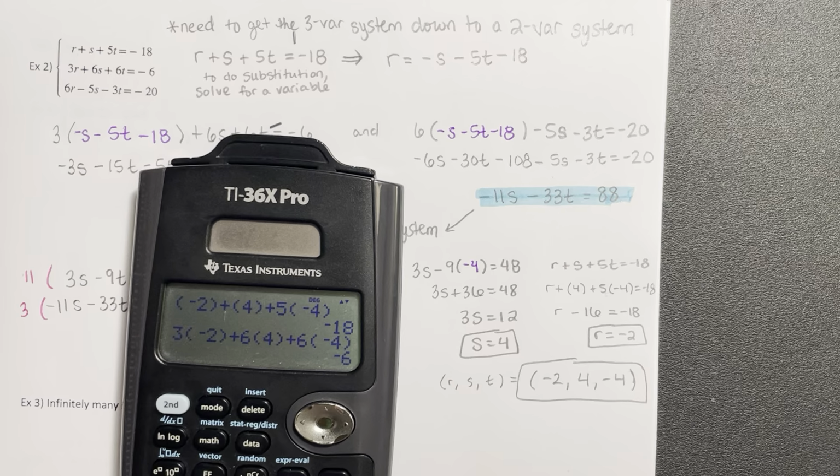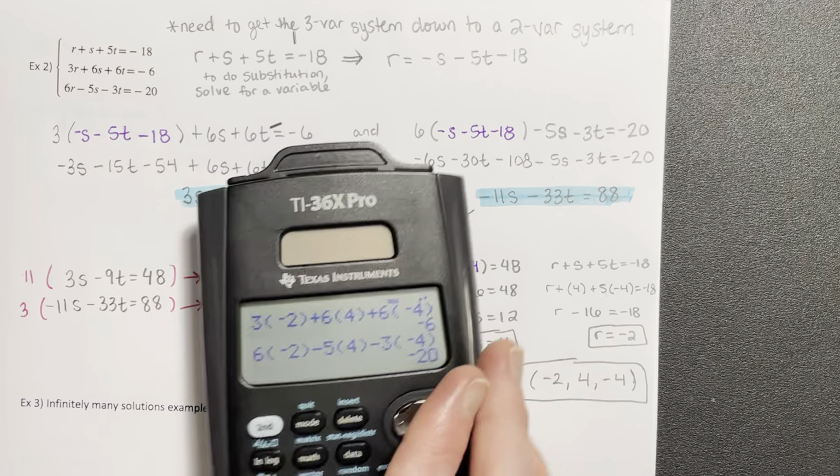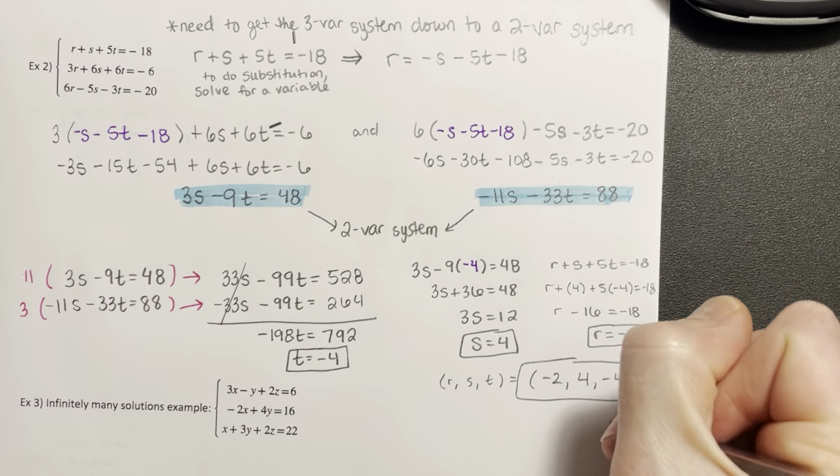It satisfies the second equation. And the last one, 6 times negative 2 minus 5 times 4 minus 3 times negative 4 does give me negative 20. So we know that that solution satisfies the entire system.